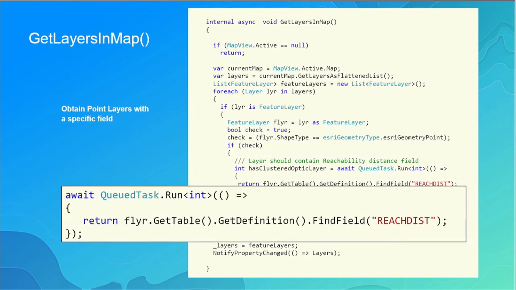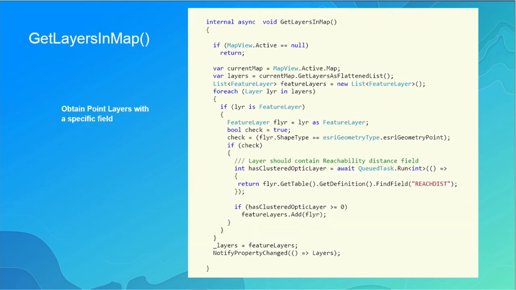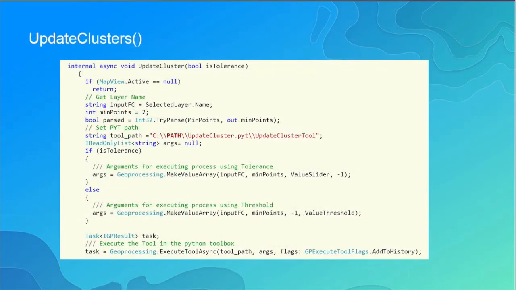Then I have to select only the points data sets that contain one field. Remember the field that I told you that we are going to use in the reachability plot? We need only the feature class that contains the field reach dist, because it's the reachability distance. Okay? The system is going to ignore the other ones. Okay, this is the layer, and at the end, there is a property that you say update layers, and the system updates the layers.